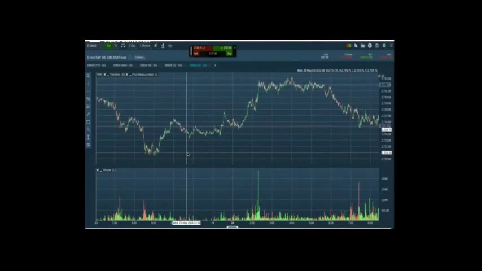So again, 27.25 up to 27.30. If it breaks through 27.30, where it failed to be support earlier in the morning, then we could see it go all the way back up to these overnight highs.